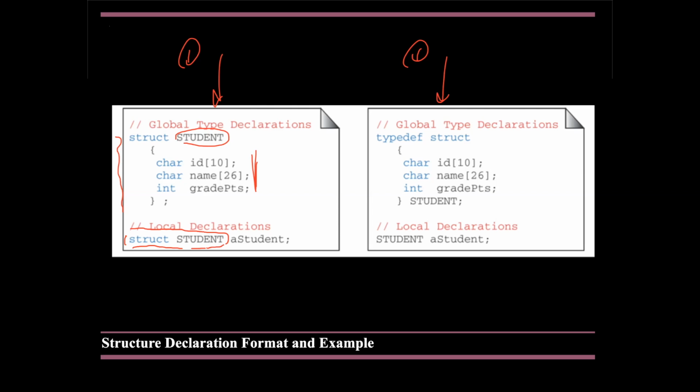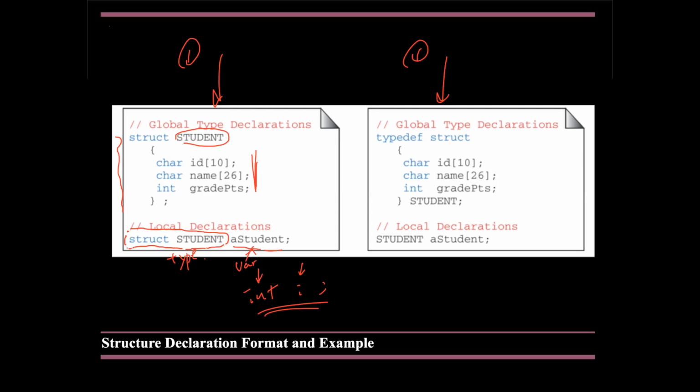Otherwise, no one's going to know what this student is. You have to treat this almost like a data type. This is the struct student data type, and then you declare an instance of it. It's almost like writing int i, where int is a type and i is a variable. So in this case, student here is a variable.